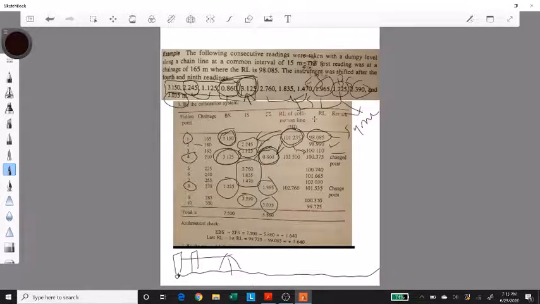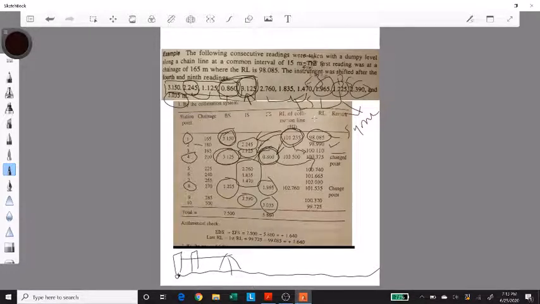So from this height of the instrument, we subtract the foresight, and we get the reduced level of this point, which is 100.375. We get this by subtracting 0.860 from 101.235.